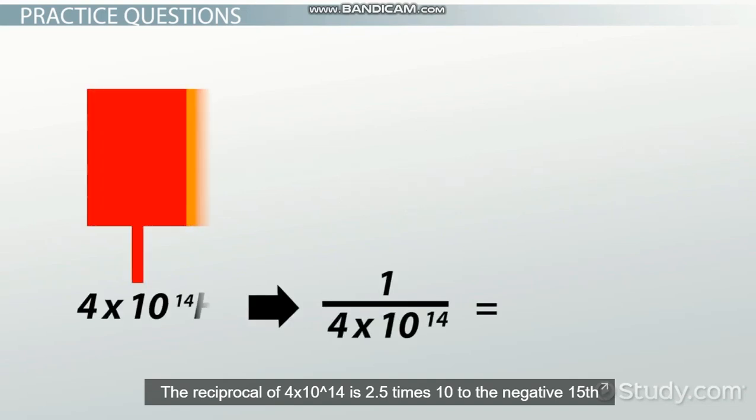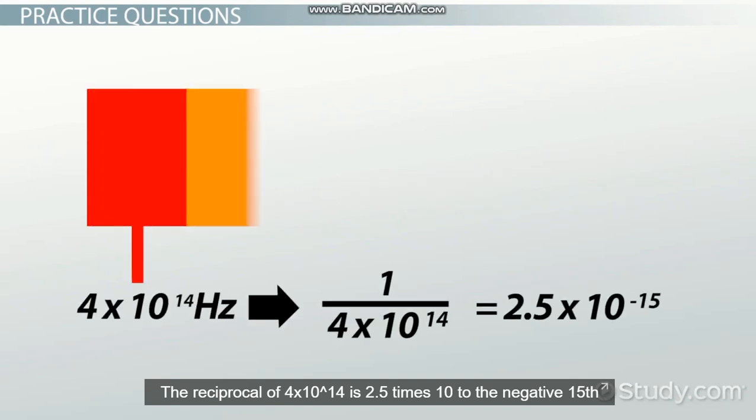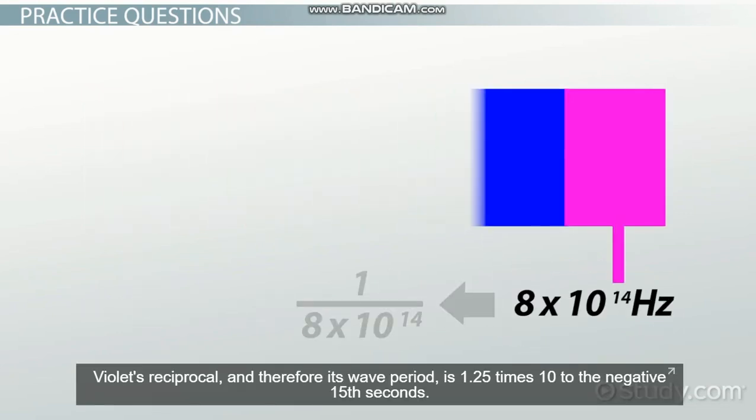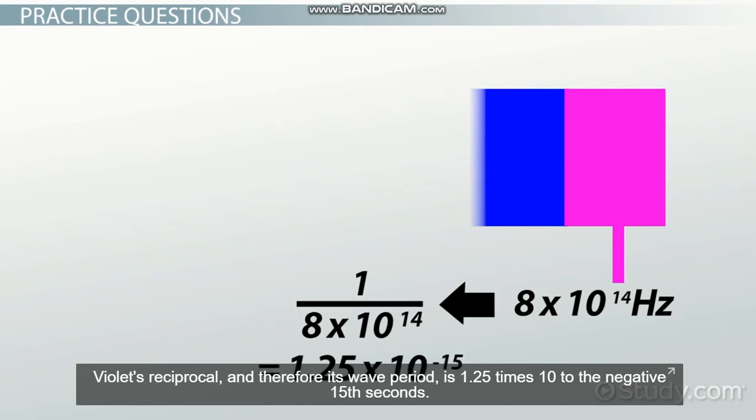The reciprocal of 4 times 10 to the 14th power is 2.5 times 10 to the negative 15th, which means that the color red's wave period will be 2.5 times 10 to the negative 15th seconds. Violet's reciprocal, and therefore its wave period, is 1.25 times 10 to the negative 15th seconds.